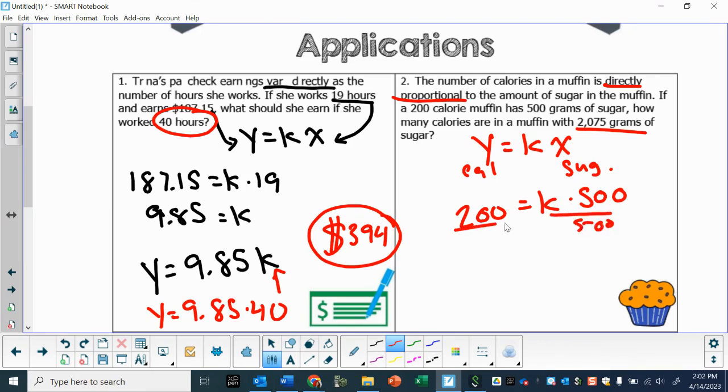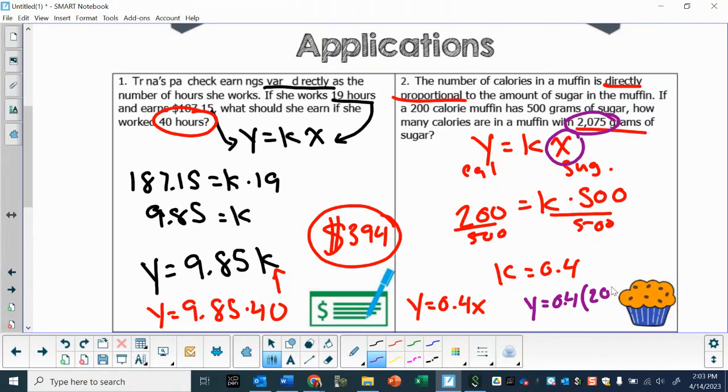Divide both sides by 500, and you get k equals 0.4. Writing a new equation, y equals 0.4x, and grams of sugar is 2,075. So we can do y equals 0.4 times 2,075. And we would get that there are 830 calories.